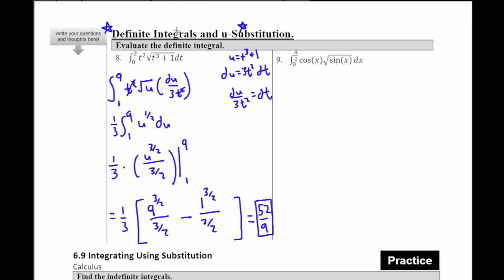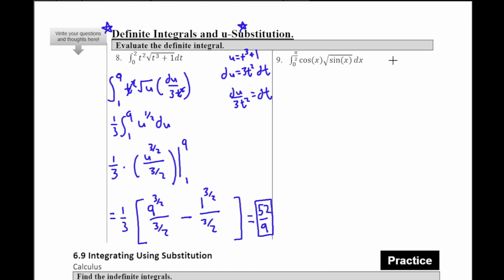Again, u sub with definite integrals, these bounds have to change. Sometimes there will be AP multiple choice questions that just show the setup, and they want to make sure that you know that these bounds are supposed to change, depending on what you set the u equal to.